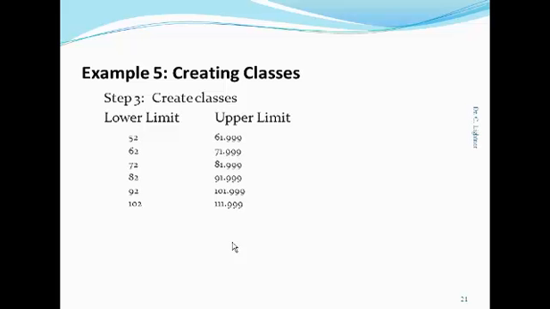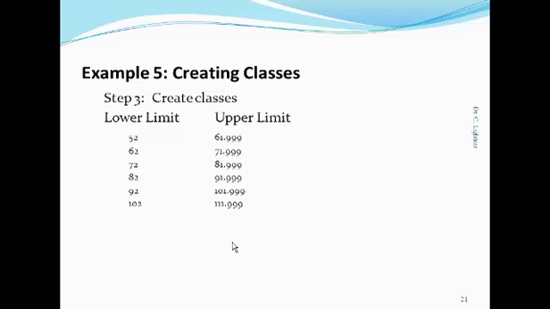Now that we have the classes defined for our data, we can go into our original data and count up the number of values that fall in each of these classes in order to obtain our frequency.